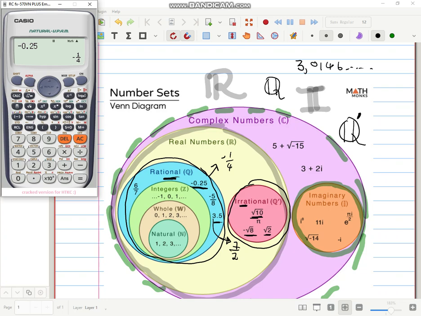This is a fraction. An irrational number cannot be written as a fraction, and a rational number can be written as a fraction. Just put that in mind. And 3.5, you're going to get your 7/2, right? Cool. Just remember that. Inside your rational numbers, you have integers.